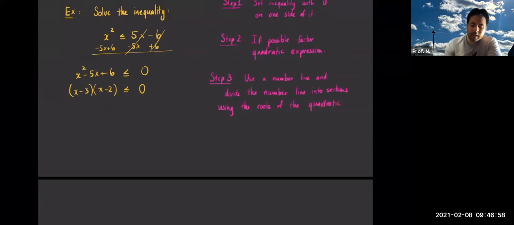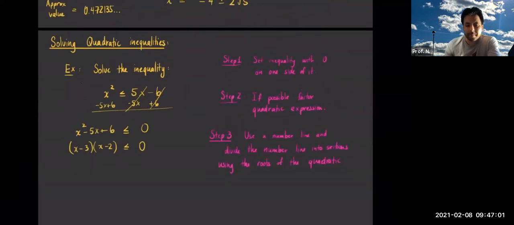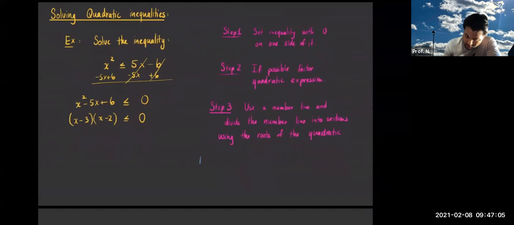So let me just say that roots is just another way. So note, roots is equal to the solutions, which is equal to the x-intercepts. So whenever you hear the word roots, it's the same thing as saying the solutions.